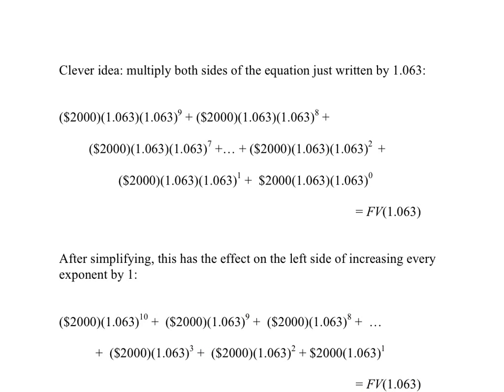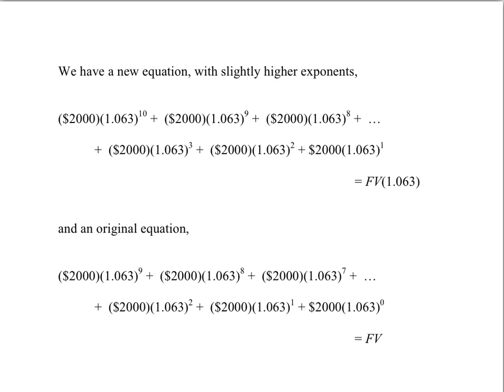And on the right side, instead of future value, we've got future value times 1.063. All this is the result of taking our perfectly good equation for the future value and multiplying both sides by 1.063. If you've never seen this before, and you're wondering how this helps, I don't blame you.